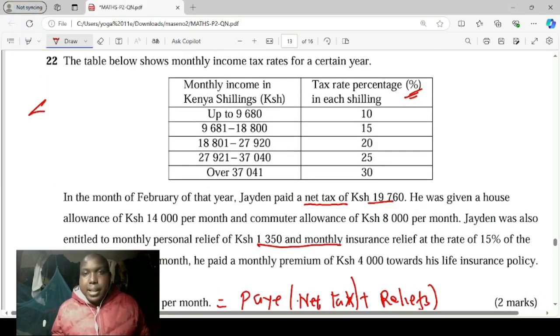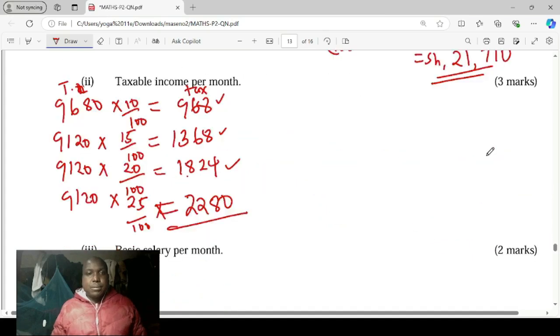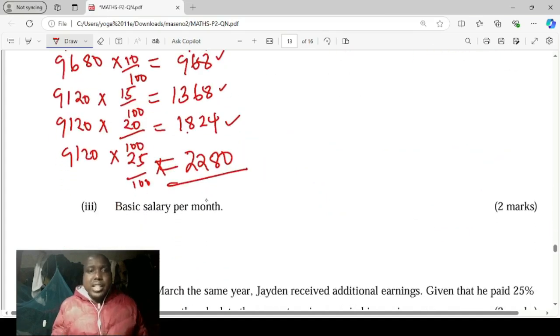Sasa tukishafika hapa, hiyo ingine inayobaki tunaenda kufanya over. So get the total. If you add everything here, you are going to get a total of 6,440. So naona hii tax yetu haikufika hata 10,000.